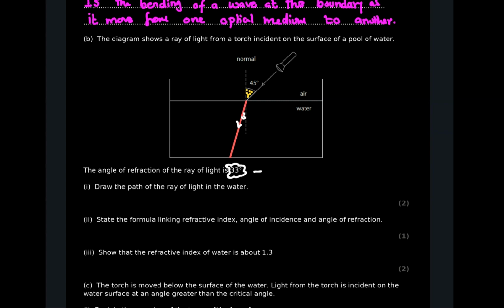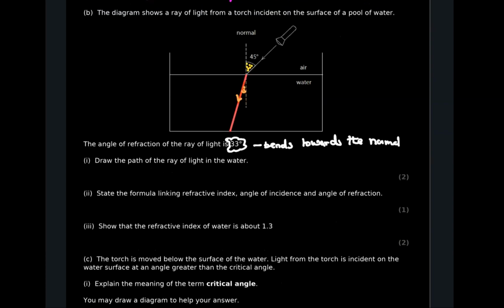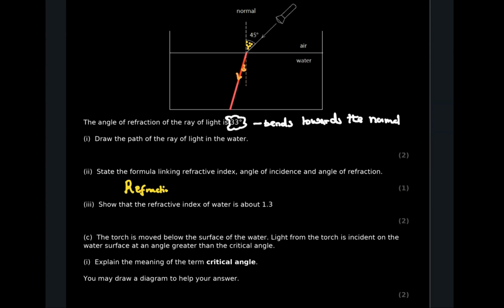The formula that we are going to use is: refractive index equals the sine of the angle of incidence divided by the sine of the angle of refraction. This formula can be written as n equals sine i over sine r. I think this is very common and very familiar to you. So as you're preparing for your exams, this is an area that you need to focus on.